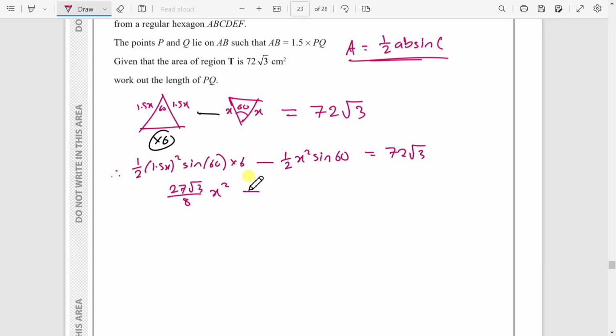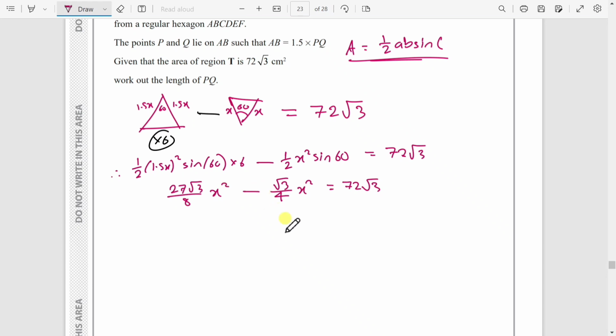Same thing applies here. Just write half sine 60. You should get root 3 over 4 here, x squared, equals 72 root 3. And then lastly, because you've got like terms, remember they're both x squared terms, so you can actually subtract them in your calculator, which is nice.